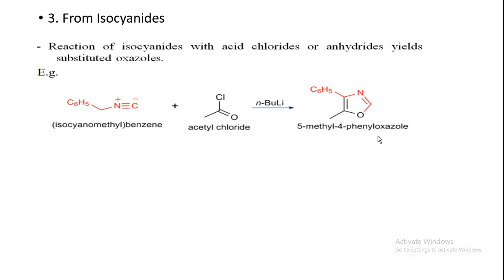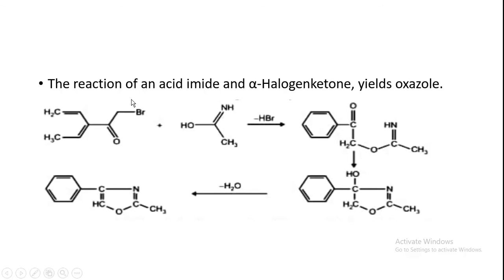Then next, the reaction of an acid imide and an alpha halogen ketone yields oxazole. This is another method of preparation. You can see this one is an acid imide, because a C double bond N is there. From here HBr comes out, H and Br.